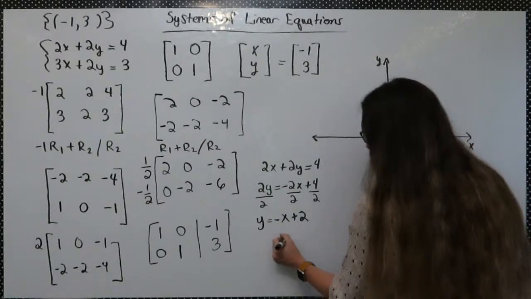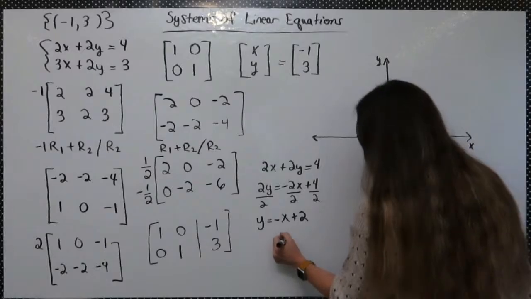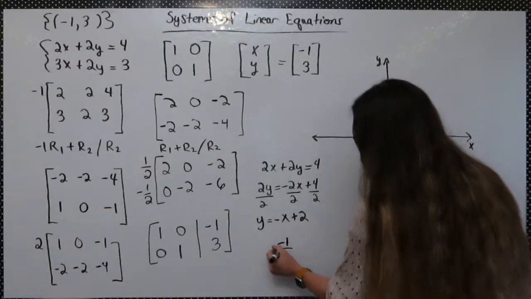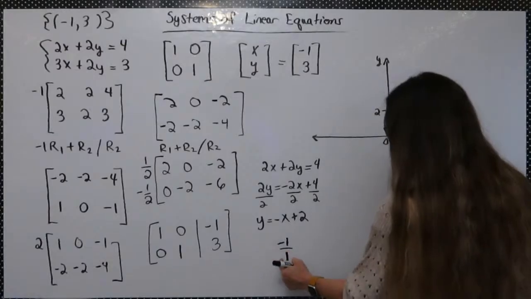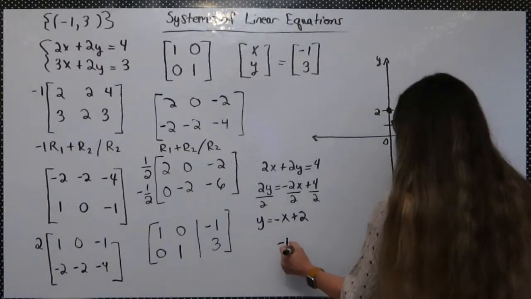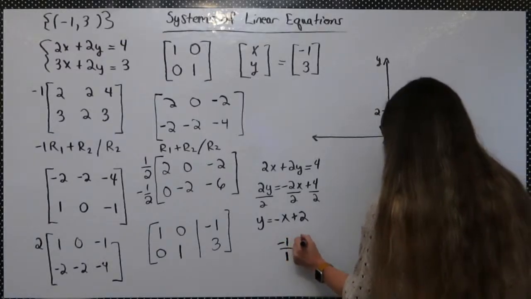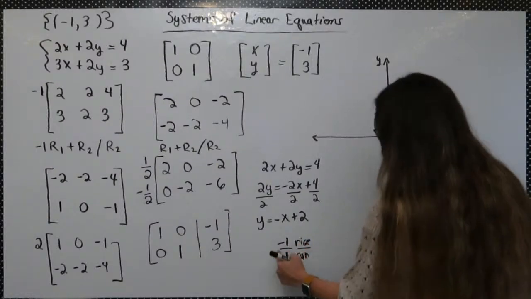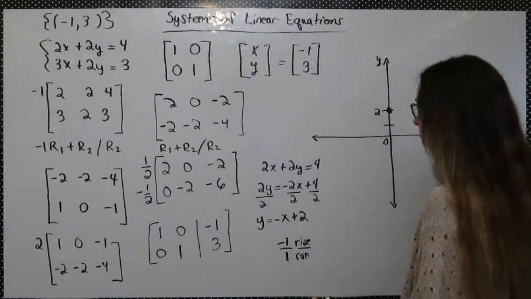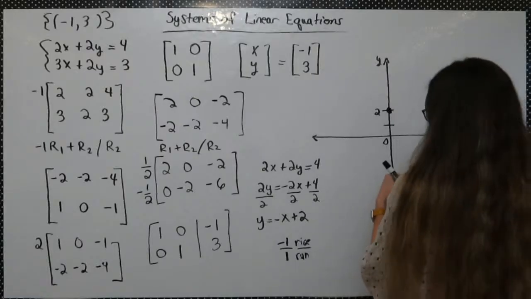And when you have a negative slope, a -1, you can either apply that negative to the numerator or the denominator. So you're either rising a -1 and running a +1 or vice versa, which is going to lead to the same line. So it doesn't really matter what you do there.